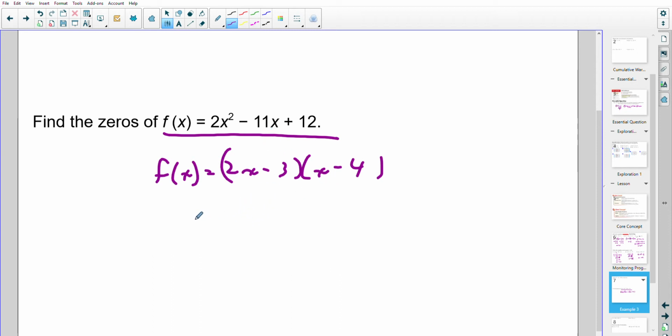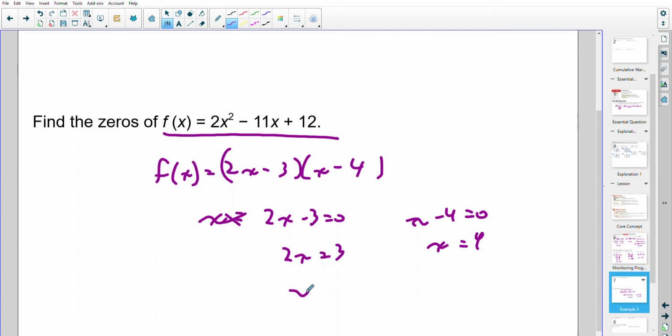So the zeros are going to be, and I like writing them down as points. We'll just go ahead and set them both equal to 0 and solve. 2x equals 3, x is equal to 3/2. So my two answers are going to be the zeros of these.